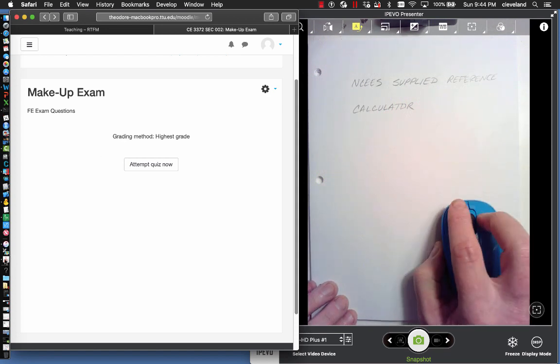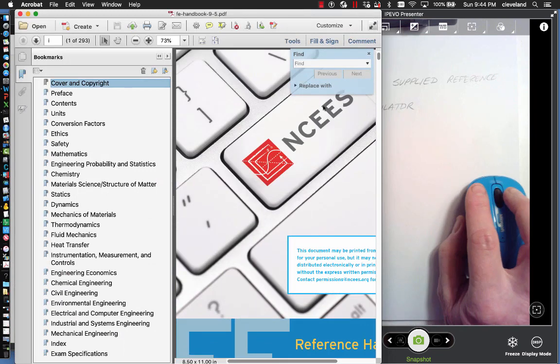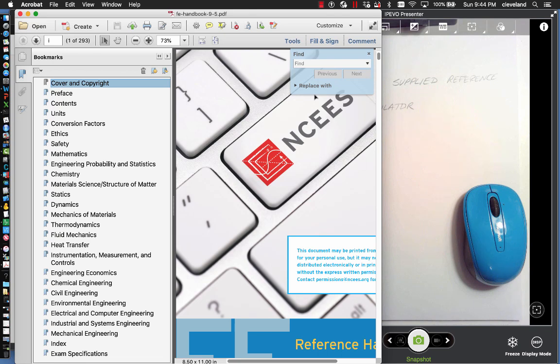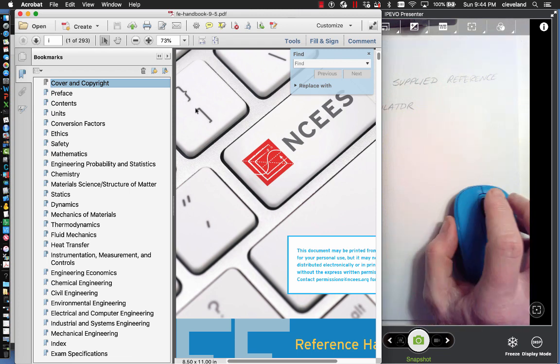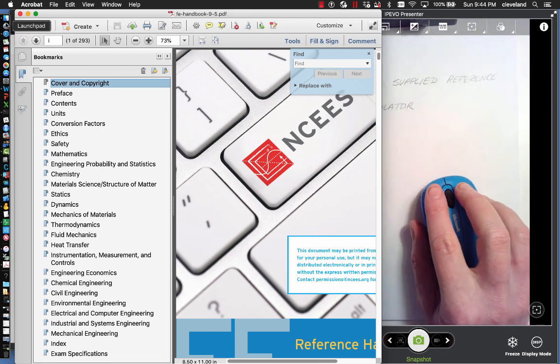So first, the supplied reference. I have my copy right here, and you'll find the search feature very useful as you work through either the real exam or the training. The other tool we need is a calculator. Let me get one of those up and running.